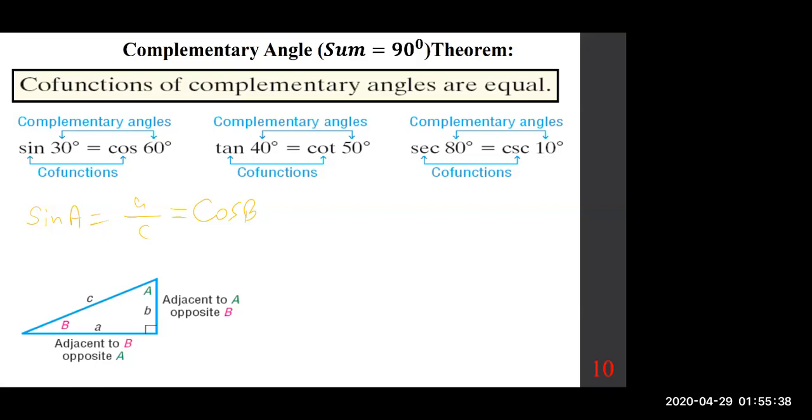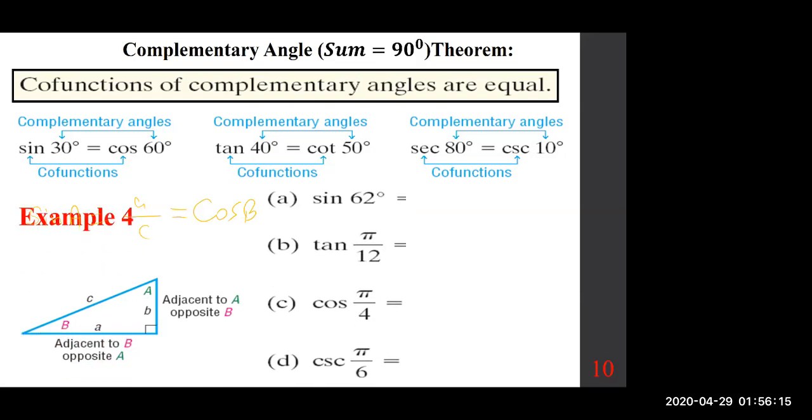Cosine B is the adjacent to B, which is A over C. So right then and there, what this means is that if two angles add up to 90 degrees, we call them complementary. Sine of one equals cosine of the other. And the same thing goes for tangent and cotangent, and secant and cosecant. Sounds good, everybody?